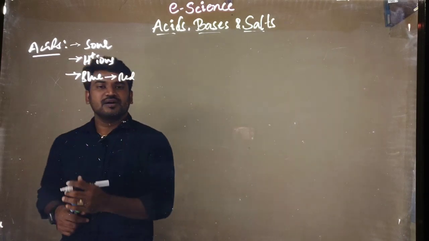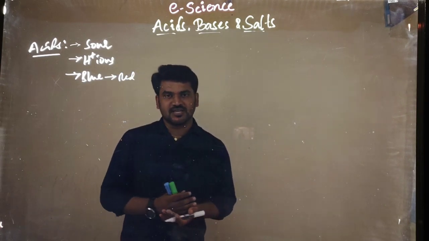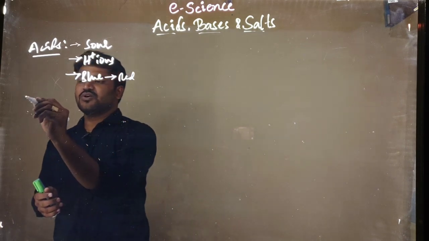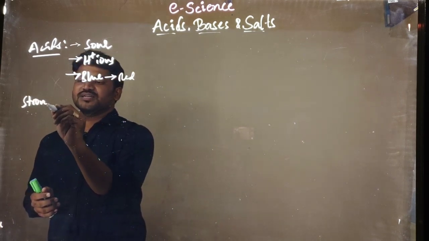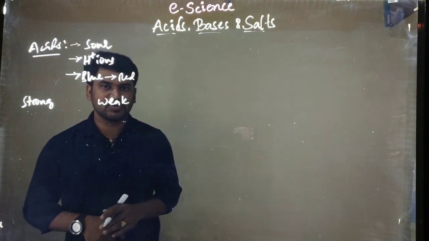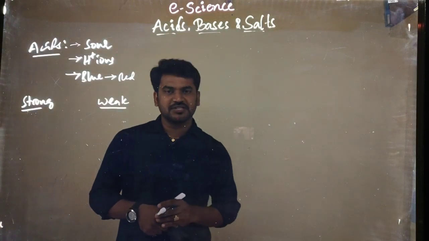And how many types of acids are there? There are a number of types based on some criteria. Now here we will discuss strong acids and weak acids. What are strong acids and what are weak acids? Very simple.